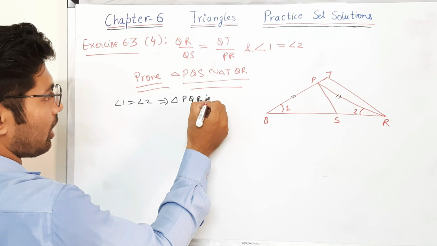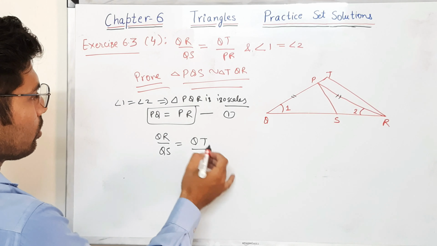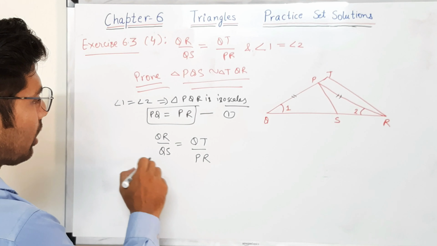Now come to this condition, QR upon QS is equal to QT upon PR. We know PR is the same length as PQ, so from equation 1 we put PQ here. We get QR upon QS is equal to QT upon PQ.